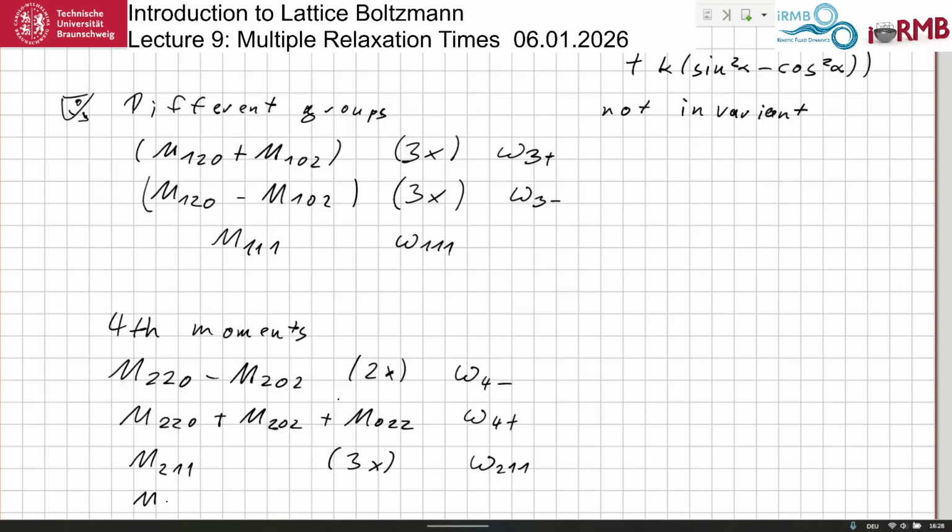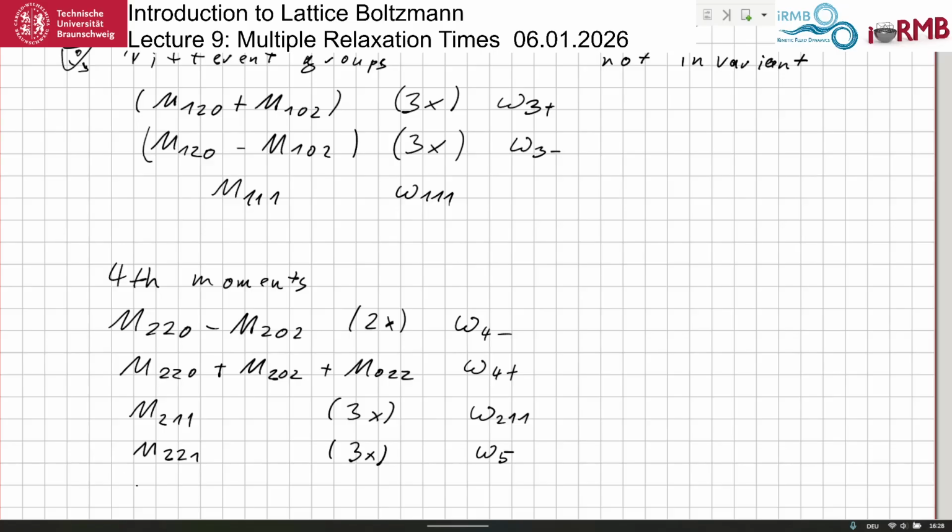Then we have M221, of which we have 3 permutations. We give omega 5, and we have M222, which is just one moment. We give omega 6, and altogether we should have, I'm not going to count them now, 10 relaxation times, relaxation rates.